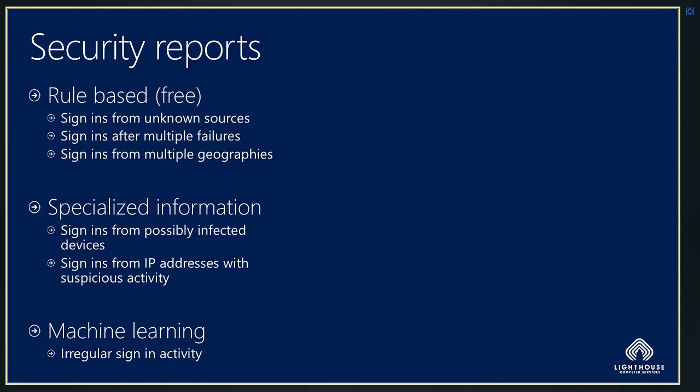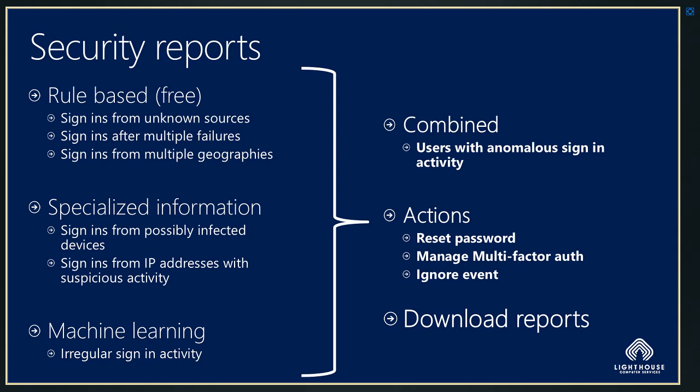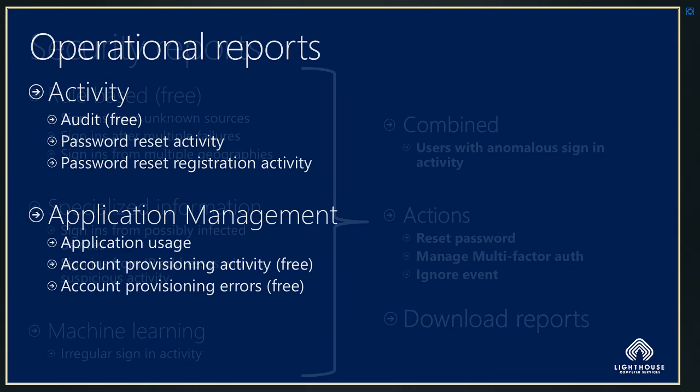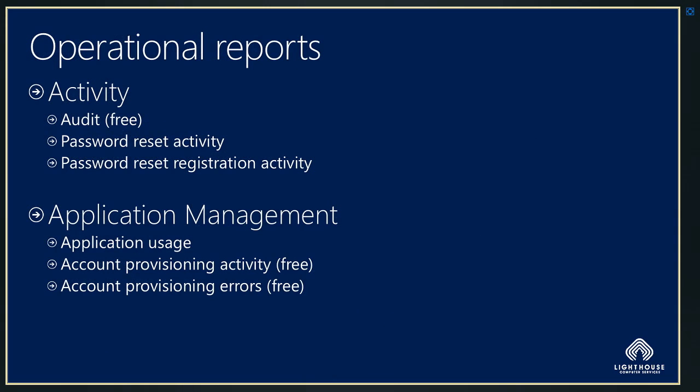But when you go into the Azure AD Premium, you not only get the basic free rules of who's signing in, you also get where the IPs are coming from, as well as possibly infected machines. You can also see all those things using the dashboard, and you can download them. In addition, you can verify the activity based on the password resets, how many people are resetting and for what reason. You'll get a detailed log of those.